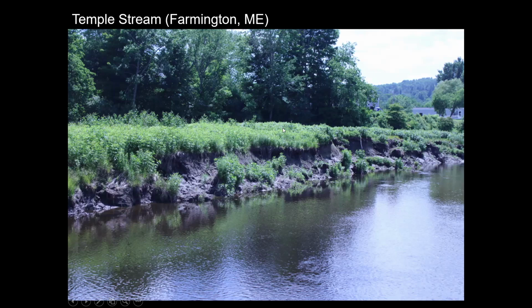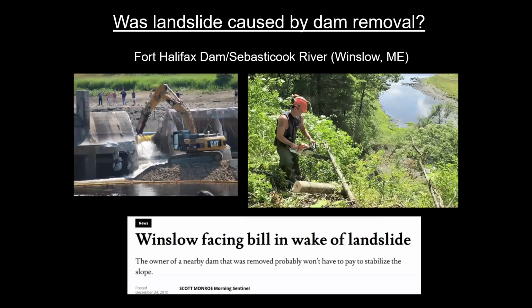Other places, though, that could be a concern, as was the case at the Fort Halifax Dam on the Sebasticook River. Immediately upstream of the dam and immediately following dam removal, there was a large landslide at the edge of a cemetery in the town of Winslow.